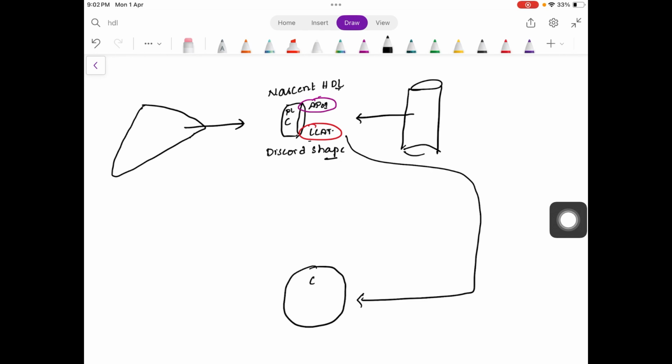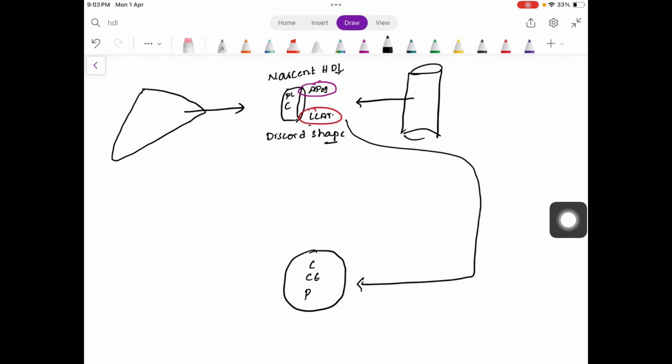This HDL3 will contain cholesterol ester and phospholipid, and they will have ApoA1 and LCAT.